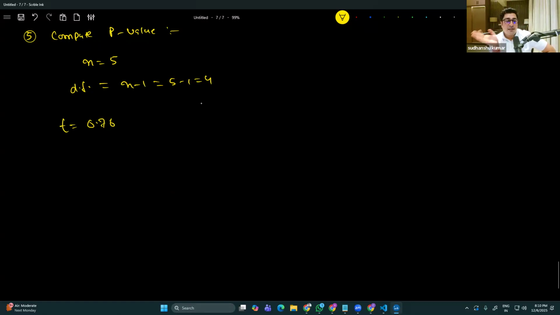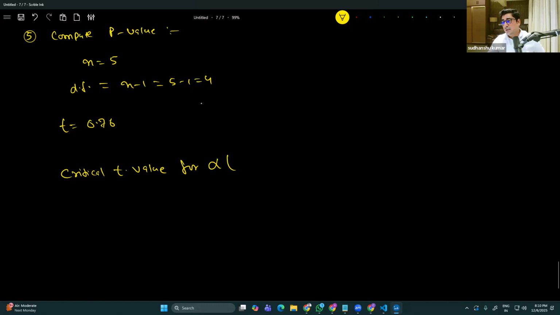And then from a table, we are able to calculate something called the critical t value. Critical t value for what? For our significance level, meaning risk level.